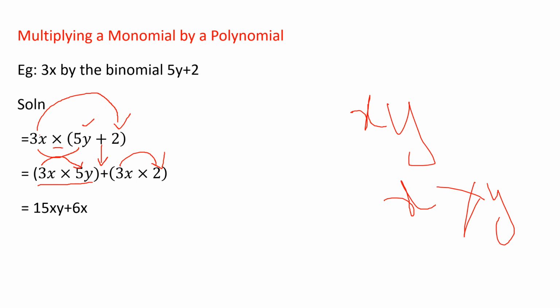If it is a minus symbol, then we have to write a minus. So plus 3x into 2. Just multiply the constant term. 3 into 5, 3 5s are 15. x into y, xy. Plus 3 2s are 6. x into any other variable? No. So 6x. So we got the answer. Is it clear, children?